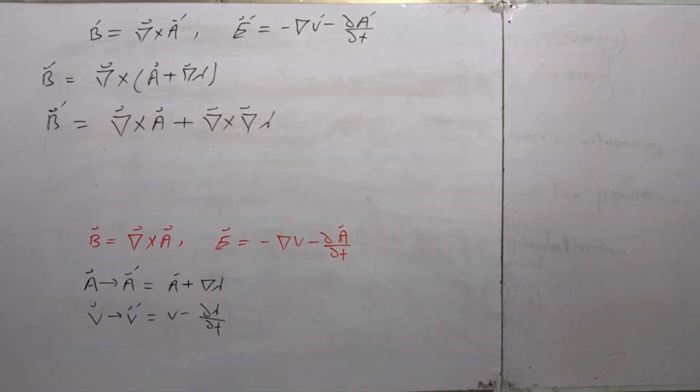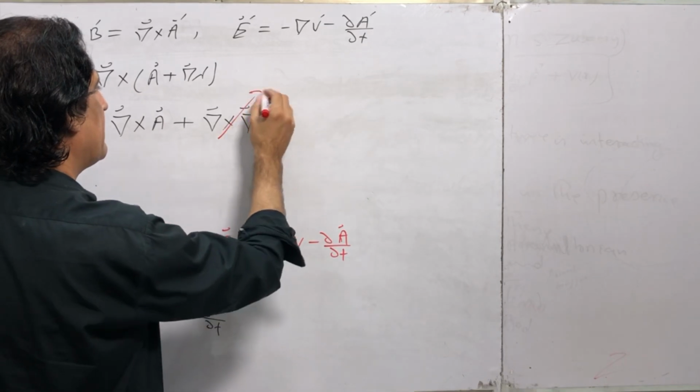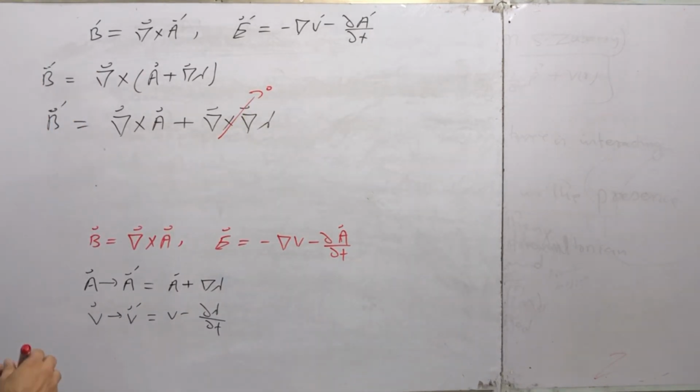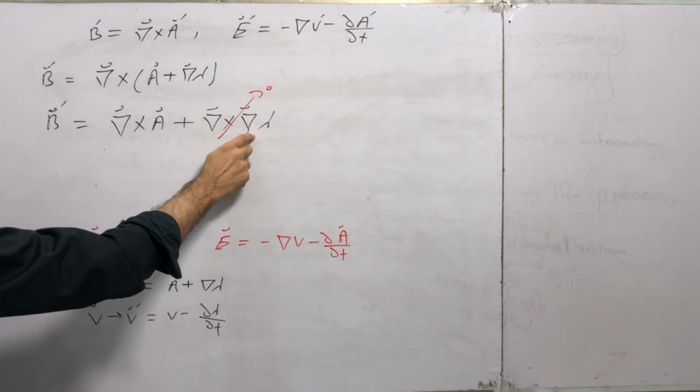Remember, del cross del lambda must be equal to 0, because the curl of a gradient must be equal to 0.